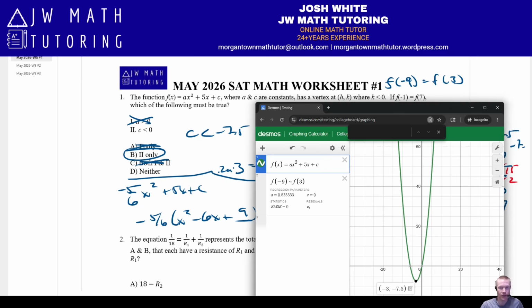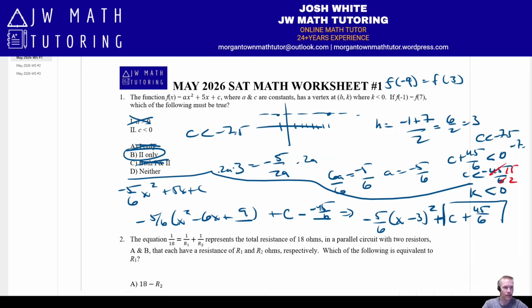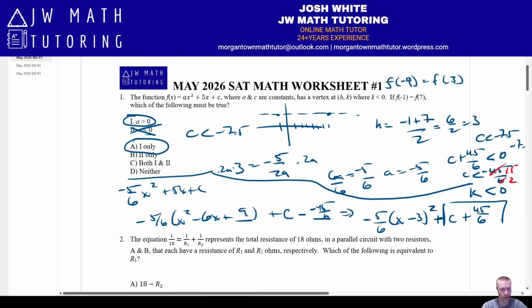Therefore, if you had the points set up such that the h value, i.e. the x coordinate of the vertex, is negative, like in this example, then the correct answer would actually be letter A. This is true. This must not be true. Therefore, it would be A instead of B. So just be aware of that. I've seen different versions. People list different versions out for the test. So you could have a different answer based on what version you have.